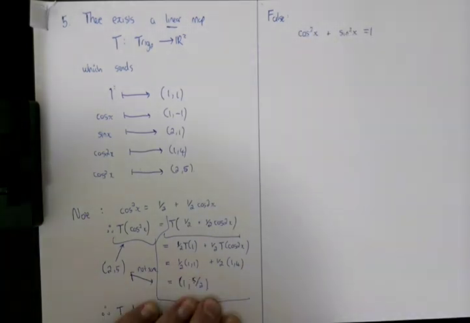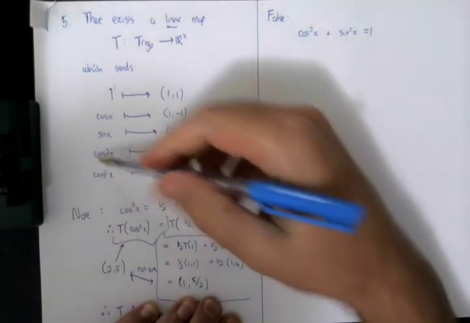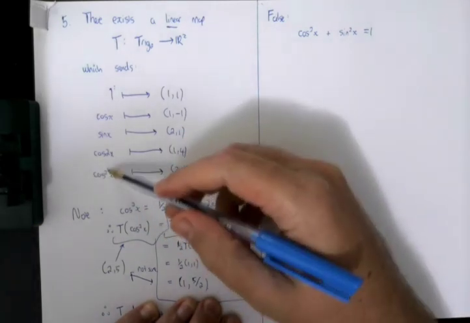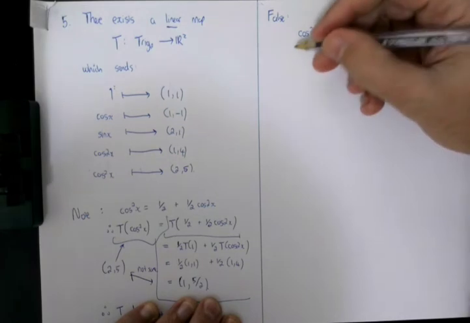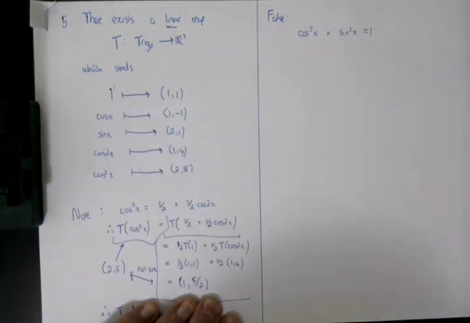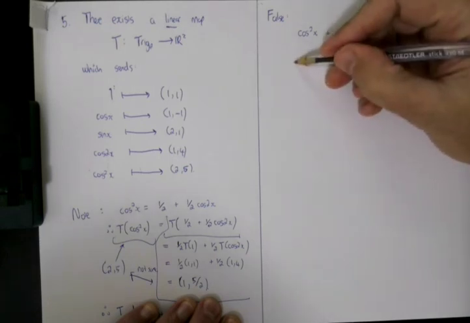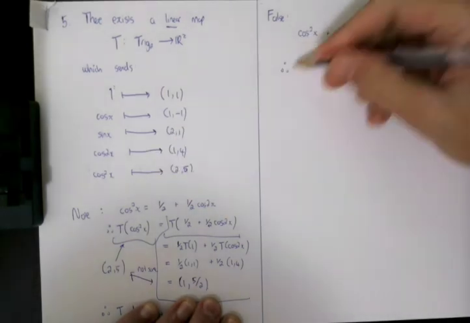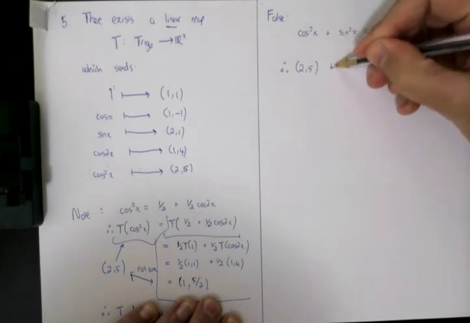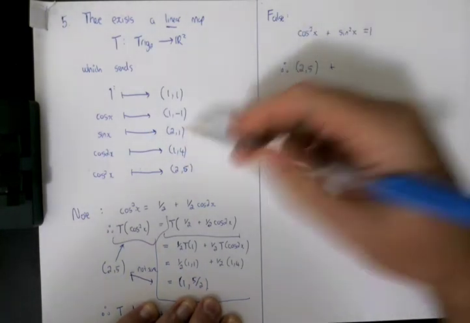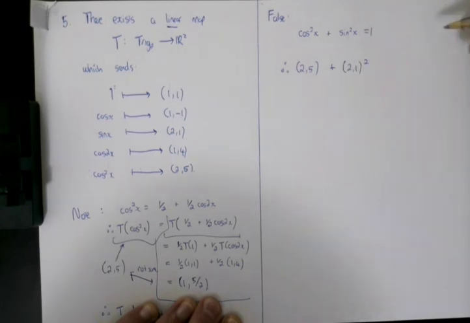And therefore, if you take the value which T sends to cos squared x, and you somehow add the value for sine squared, so, sorry, shouldn't be laughing here, but it's actually something that can easily happen. So it's quite important actually. Then the next line is that therefore (2, 5) plus, well, sine squared is somehow (2, 1) all squared. That should be equal to 1. And this statement is clearly nonsense, so therefore it's false.